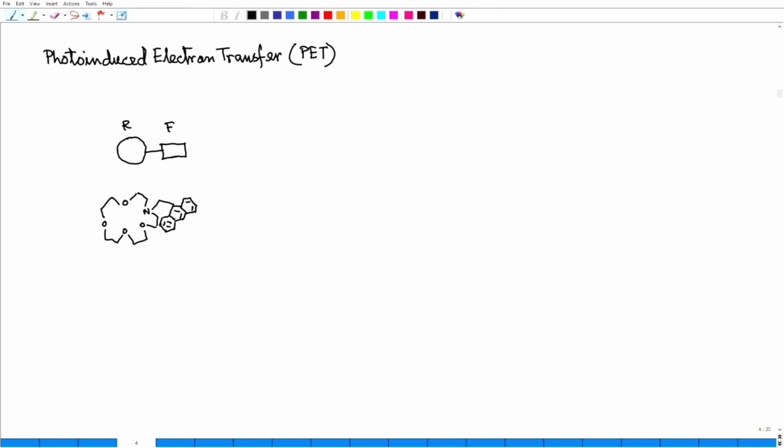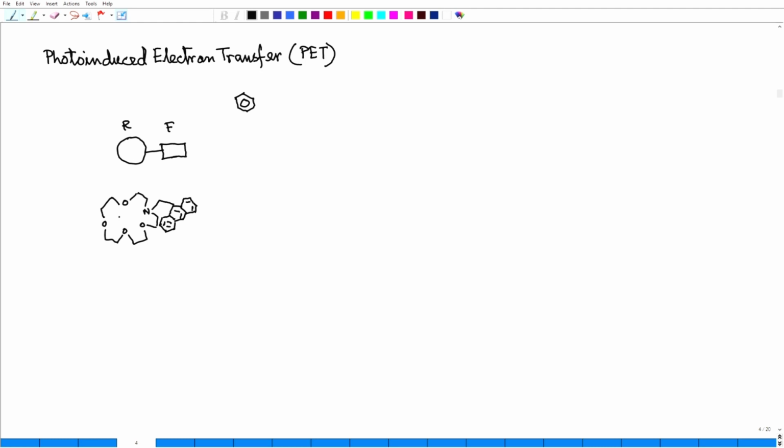So far we have been using only a benzene ring, but from now on we will draw it like this, because of time shortage. So, what happens? This is a fluorophore and this is the receptor.